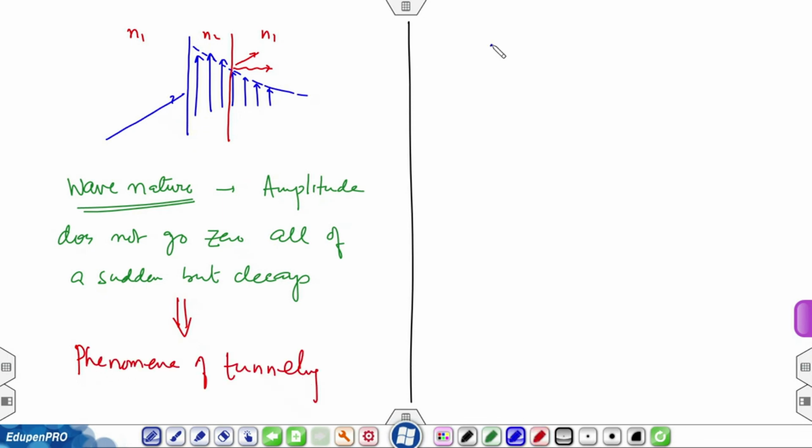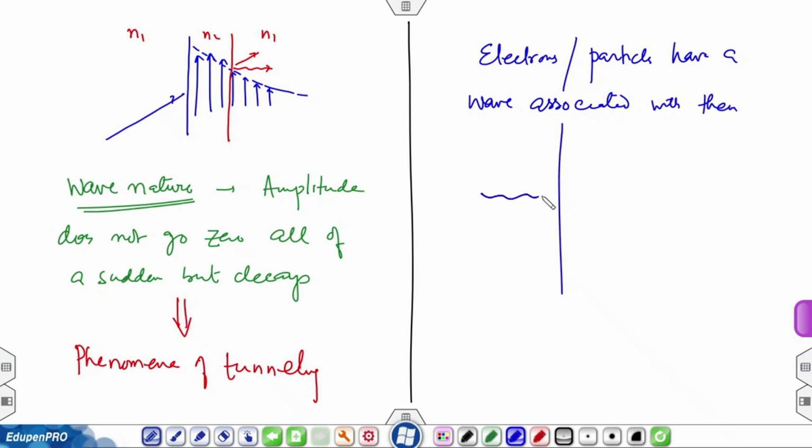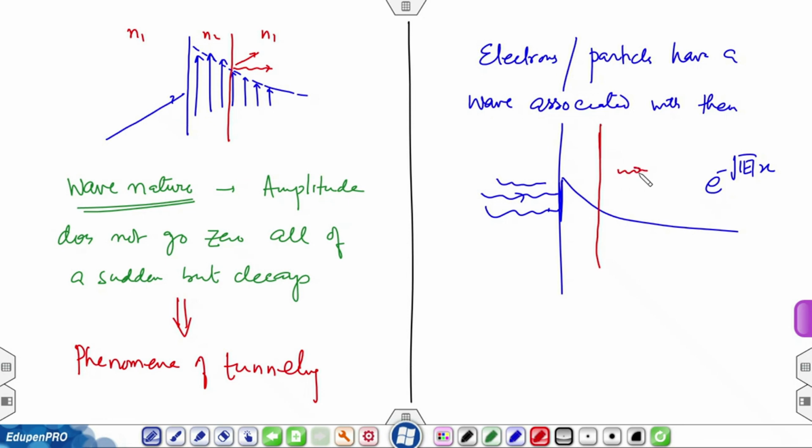Because electrons or particles have a wave associated with them. So, if they are incident somewhere, the amplitude does not go to 0 right away, it decays exponentially, right. You know that e raised to minus the square root of some mod E x. And then if I bring another medium here, that is, if I have a different potential where the electron can again propagate, then the electron goes through.